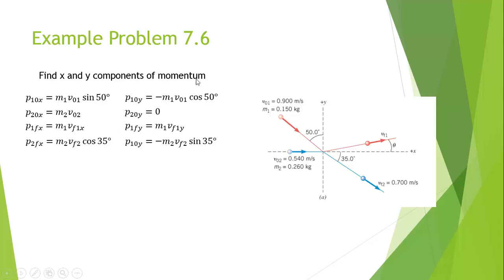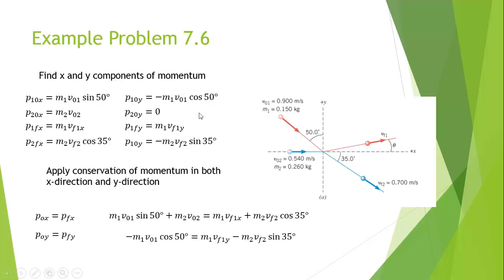For the y side of things, I could break up this vector into its y component, negative m1 v initial 1 cosine of 50. The blue ball has no momentum in the y direction to begin with. For the red ball, m1 v1 final in the y direction, basically this side here. And for the blue ball, negative m2 v final 2 sine of 35, because we'll be looking at this side of the right triangle. So those are all the components of momentum.